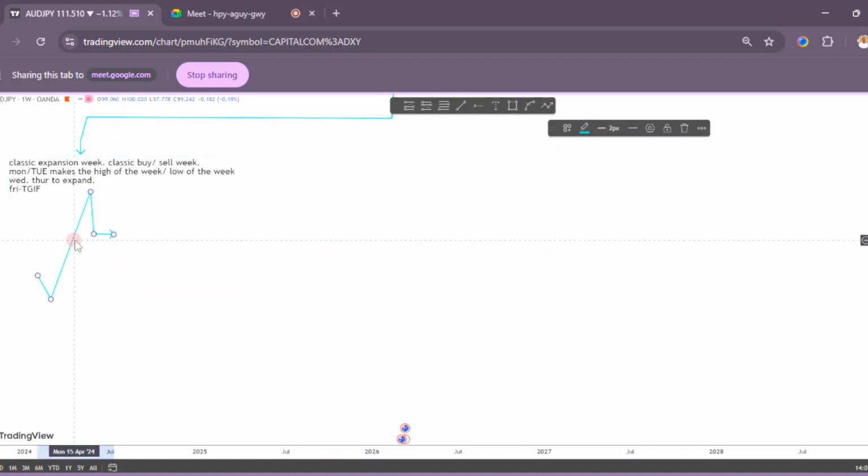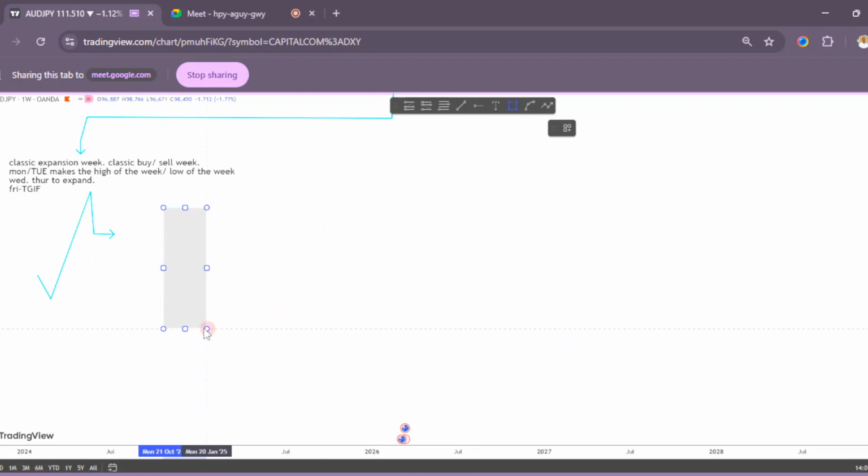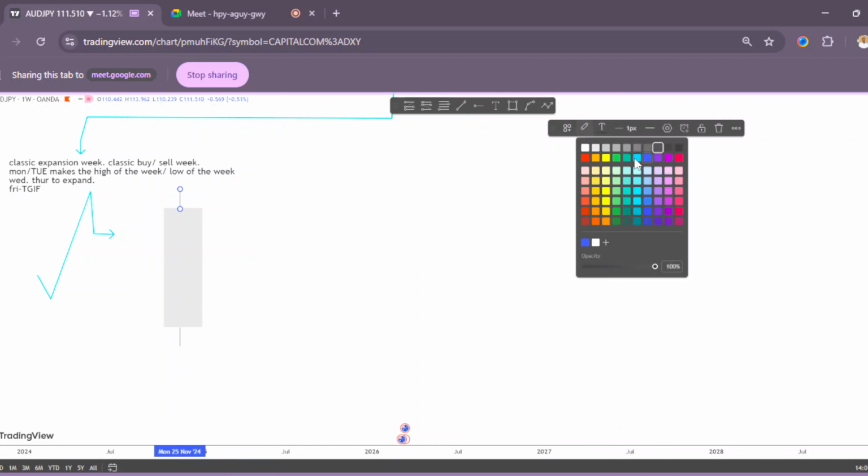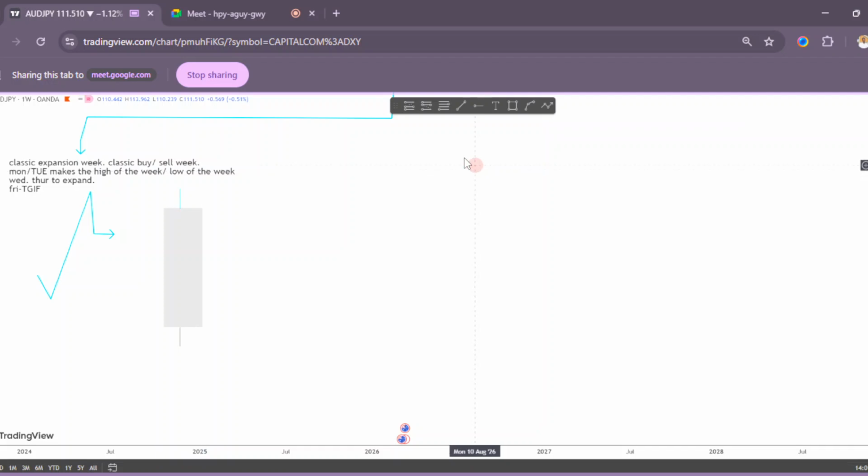So that weekly candle, because we are bullish, is one week candle that is formed by 5 daily candles.